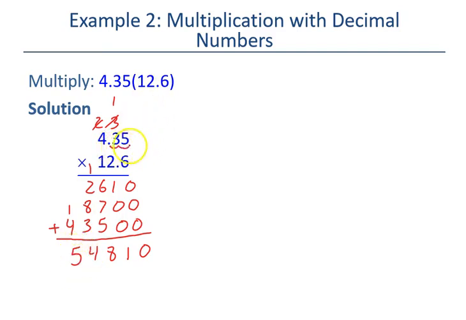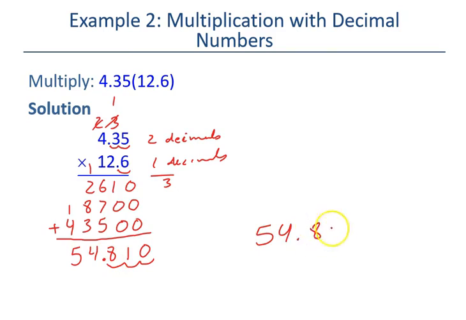I've got 2 decimal places here. Here I've got 1. So in total, I have 3 decimal places. So I can come over here and go 1, 2, and 3. Put the decimal there. So my answer is going to be 54.810. That right there is our final answer.